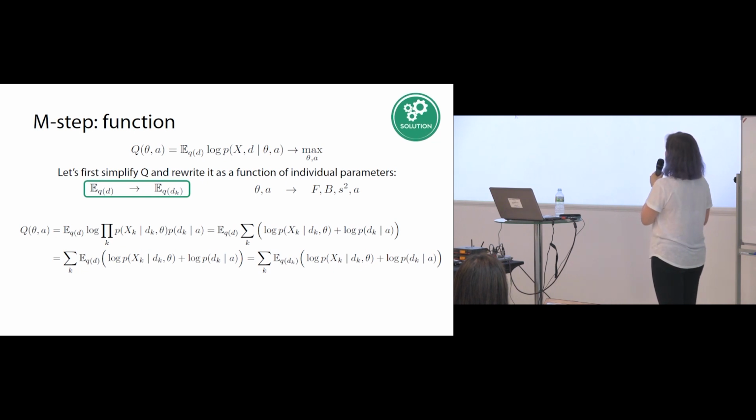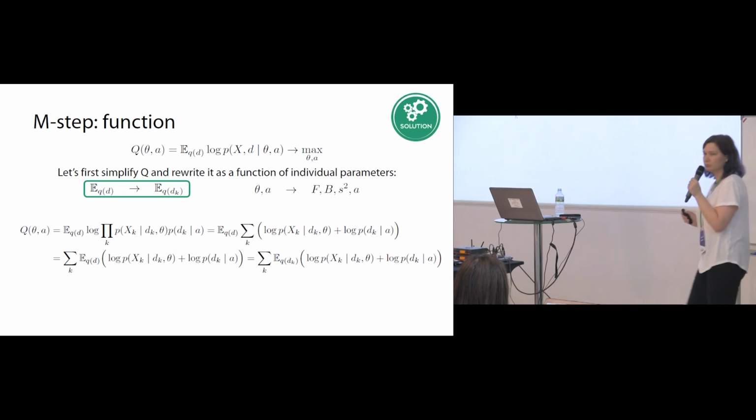Then we can exchange sum and expectation, because expectation is a linear function. So we'll have something like this. And then if you think about one term from this sum, it depends only on one image. So we do not need to take expectation with respect to all these. We only need to take expectation with respect to q of dk. Is it clear?